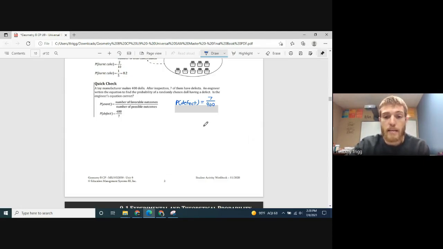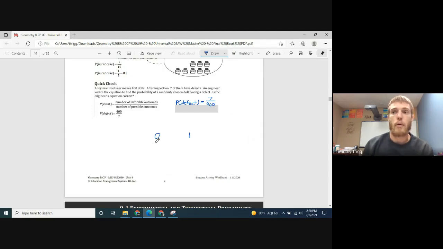Now I want to emphasize something about probabilities as well: probabilities are always between 0 and 1. 0 means that it's not going to happen. It's impossible.